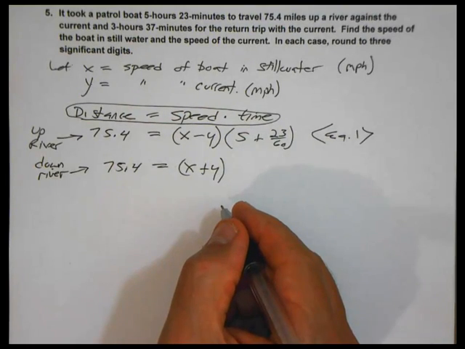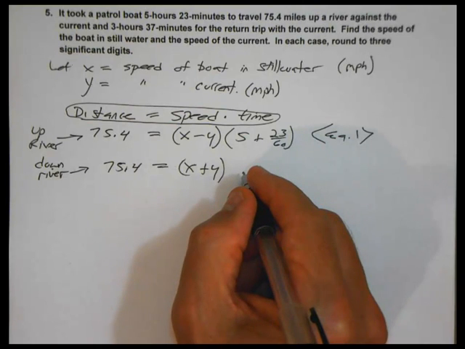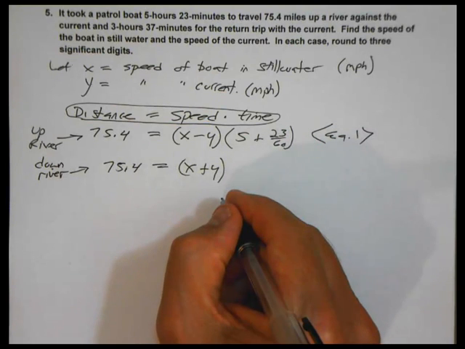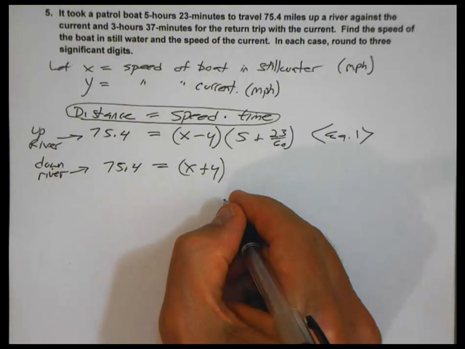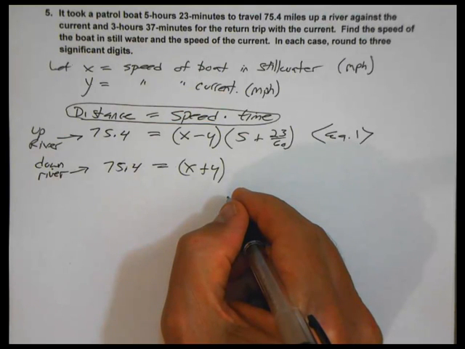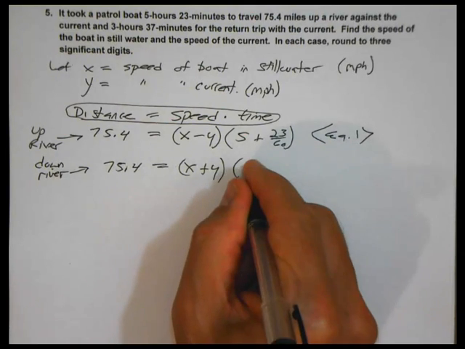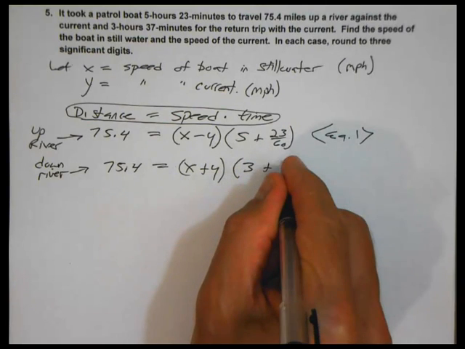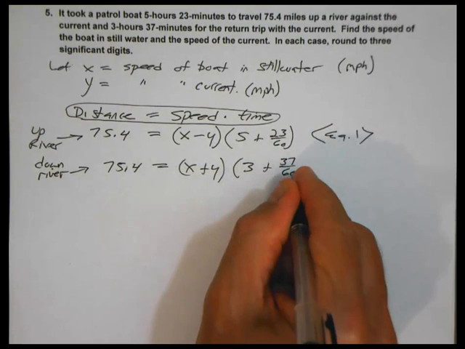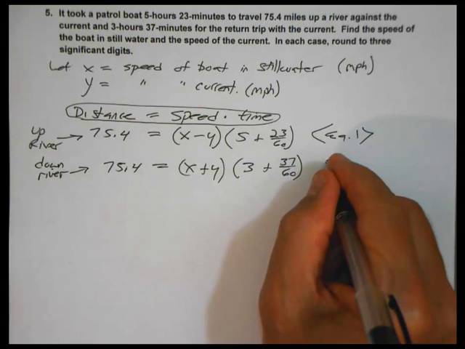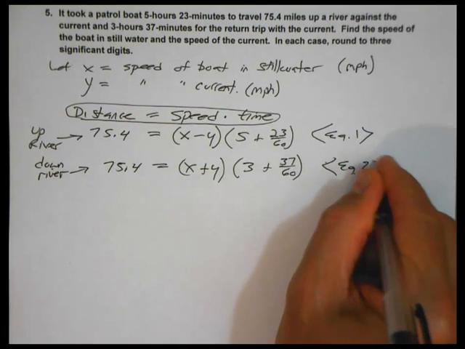And the time in this downriver situation, 3 hours 37 minutes, written as hours, would have to be 3 plus 37 over 60. There could be equation 2.